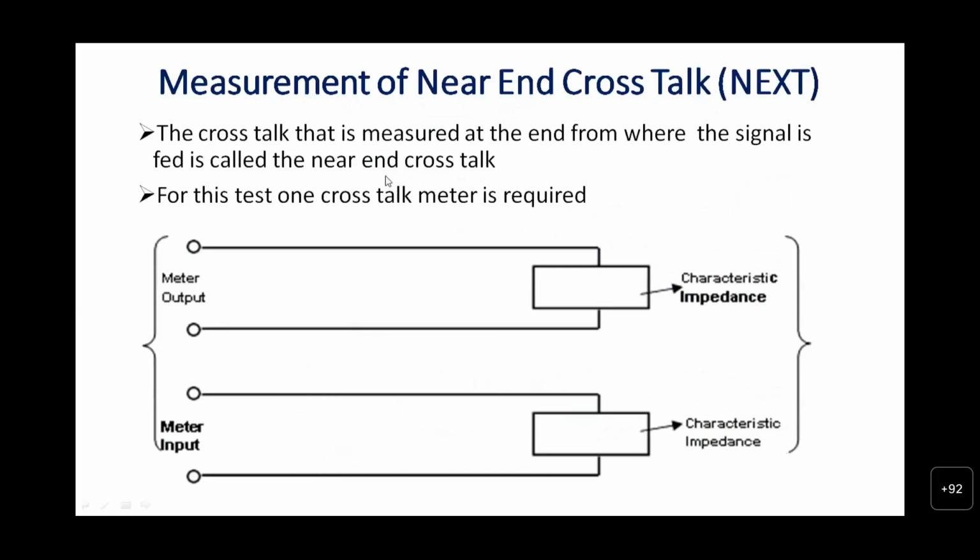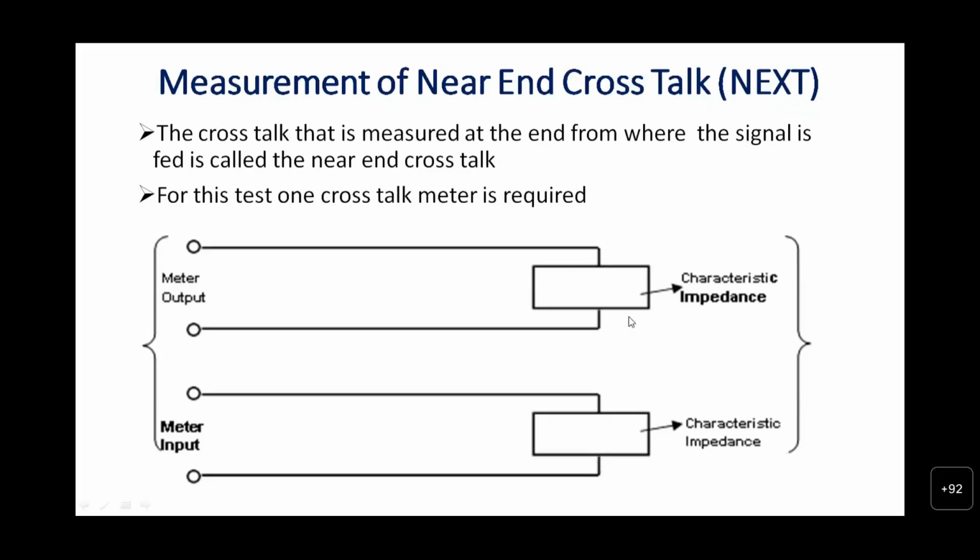So the crosstalk that is measured at the end from where the signal is fed is called near end crosstalk. For this test, one crosstalk meter is required, at station A, for example, the feeding end.